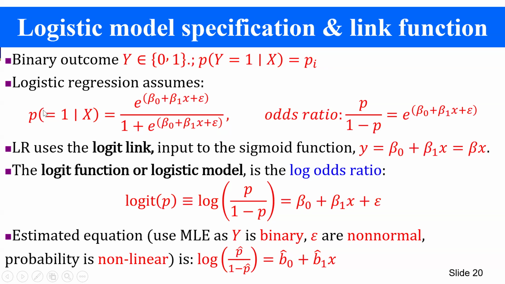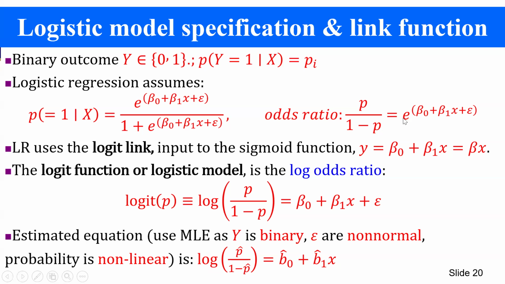The probability that y is equal to 1 given x is the exponent of the linear function divided by 1 plus the exponent of the linear function. Now watch this. We can convert this to the odds ratio, which is the probability of the occurrence of the event divided by the probability of the non-occurrence of the event.